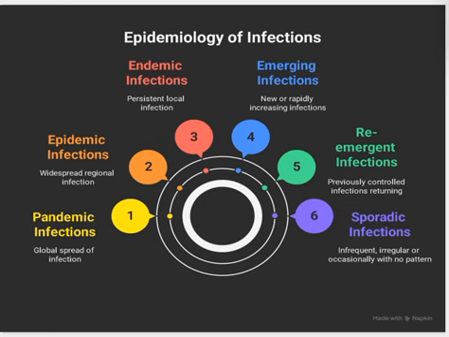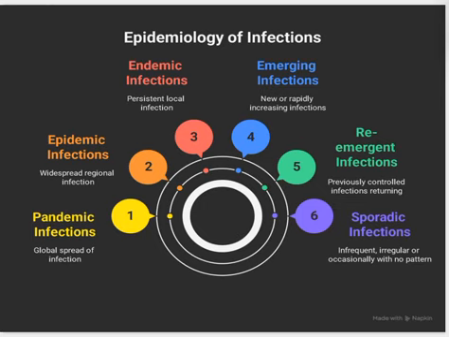Finally, let's consider the epidemiology of infections, the study of how infections spread and persist. Pandemic infections spread globally, affecting many people worldwide. Epidemics are widespread infections in specific regions. Endemic infections persist locally over time.